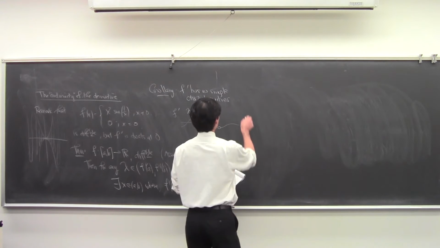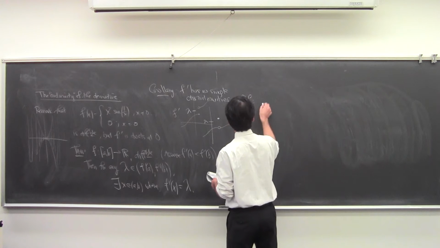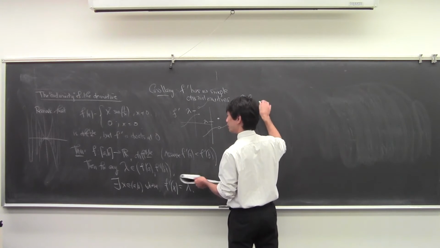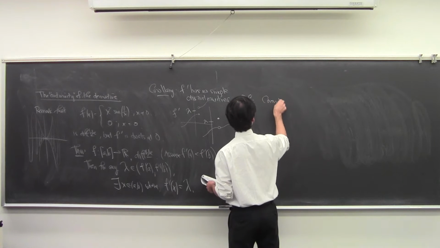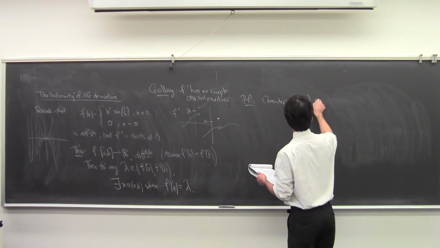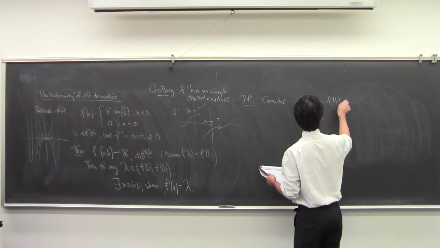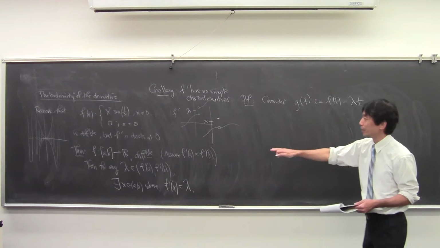Okay, and so here's the proof of the theorem. Says, well, consider the function g of t, which we create as f of t minus lambda t. Okay, so we've got our lambda, right?